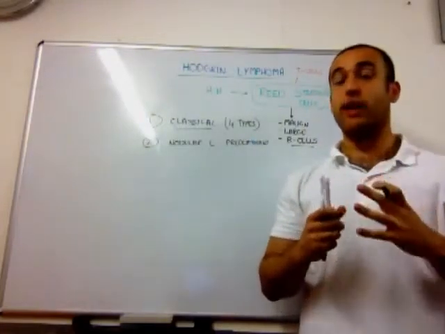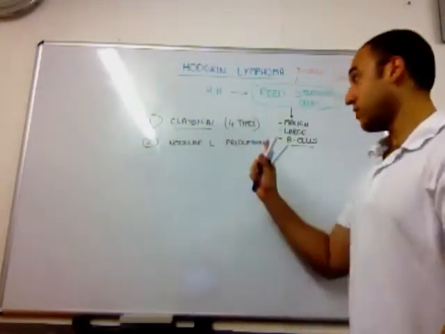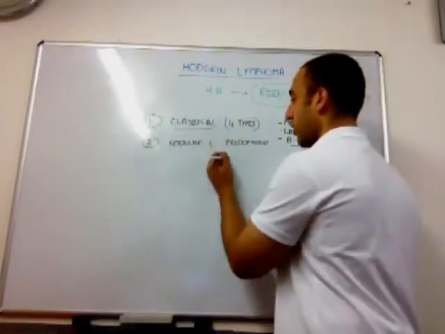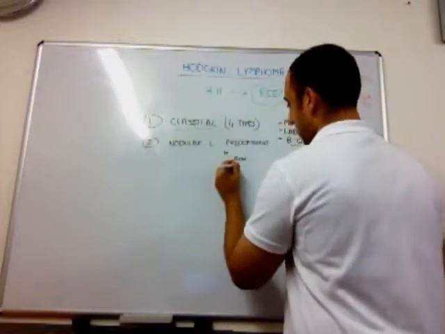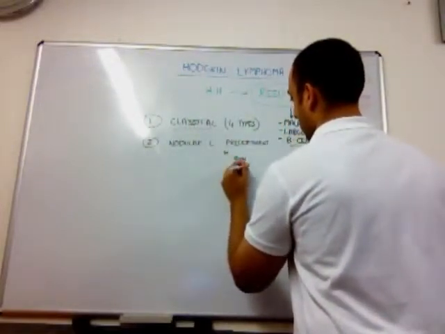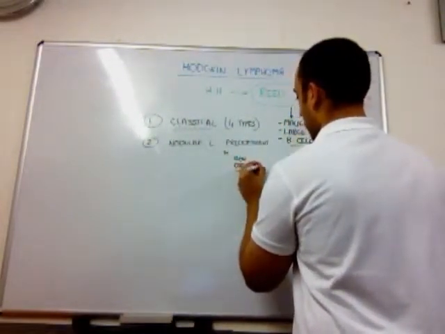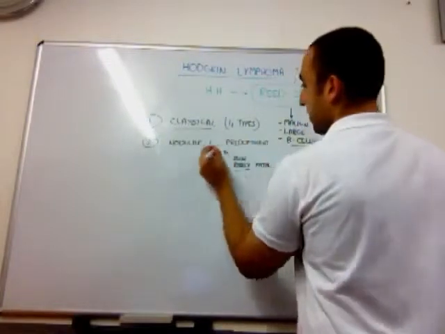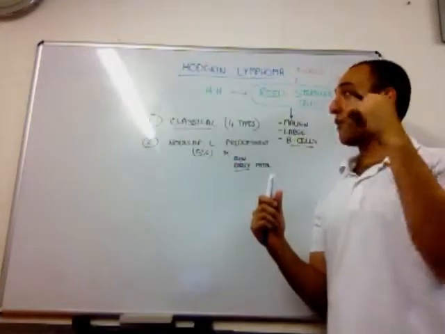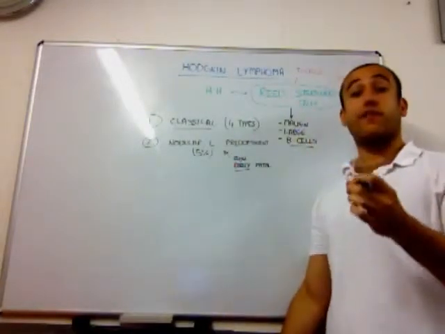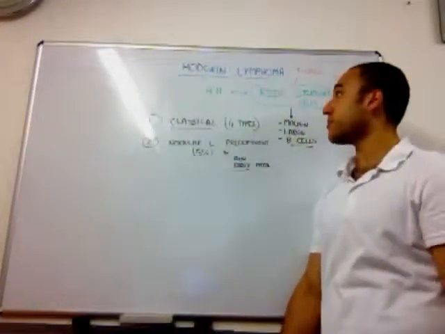It's very slow growing, it's very localized, and it's very rarely fatal. But like I said, it only makes up 5% of Hodgkin's lymphoma. So we can have classical or nodular lymphocyte predominant Hodgkin's lymphoma.